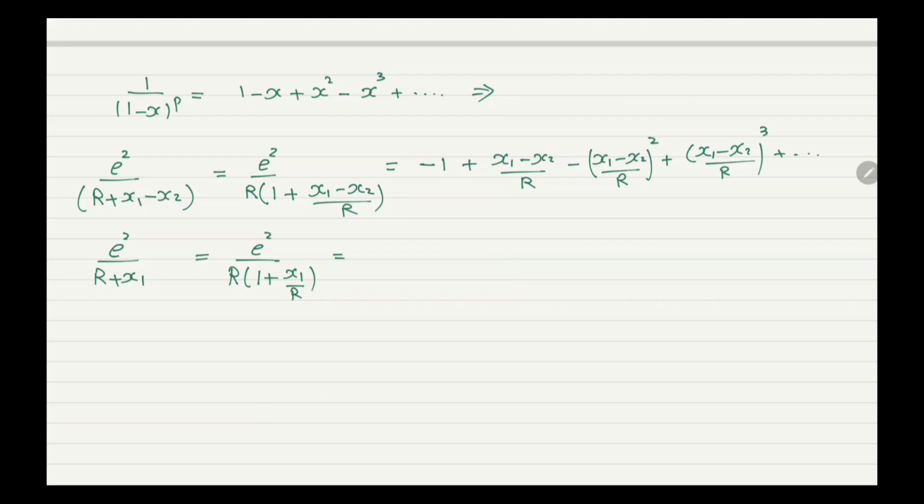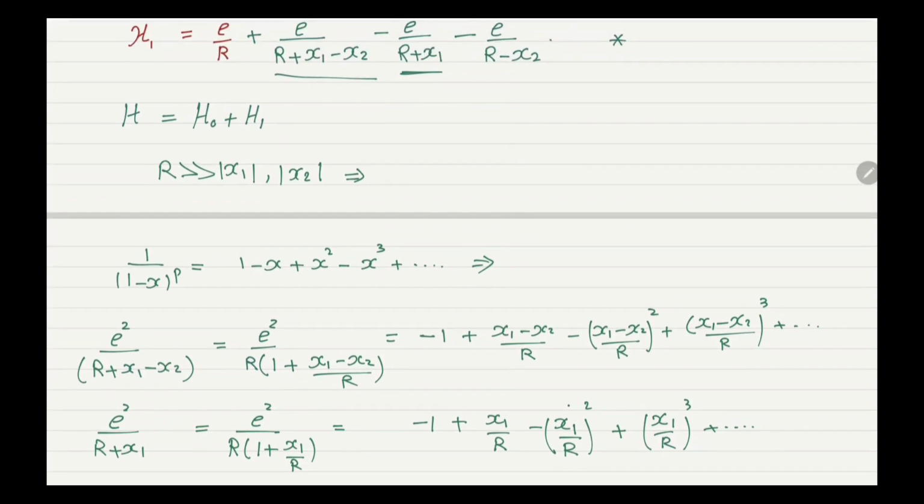It is equal to minus 1 plus x1 over R minus (x1 over R) squared plus (x1 over R) cubed, and so on.